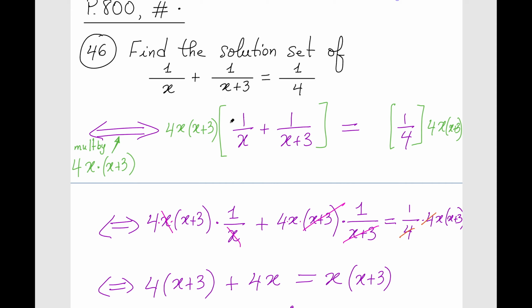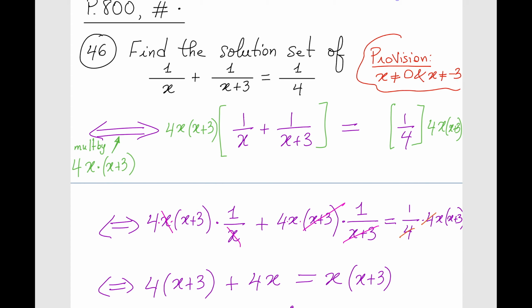Let me just be clear here. Probably I skipped this step, and I should be clear about it. This question comes with a provision. What do I mean by this? Implicitly, they are telling you that this equation is meaningful, which means 1 over x makes sense and 1 over x plus 3 makes sense. So x should not be 0 and x should not be negative 3, right?